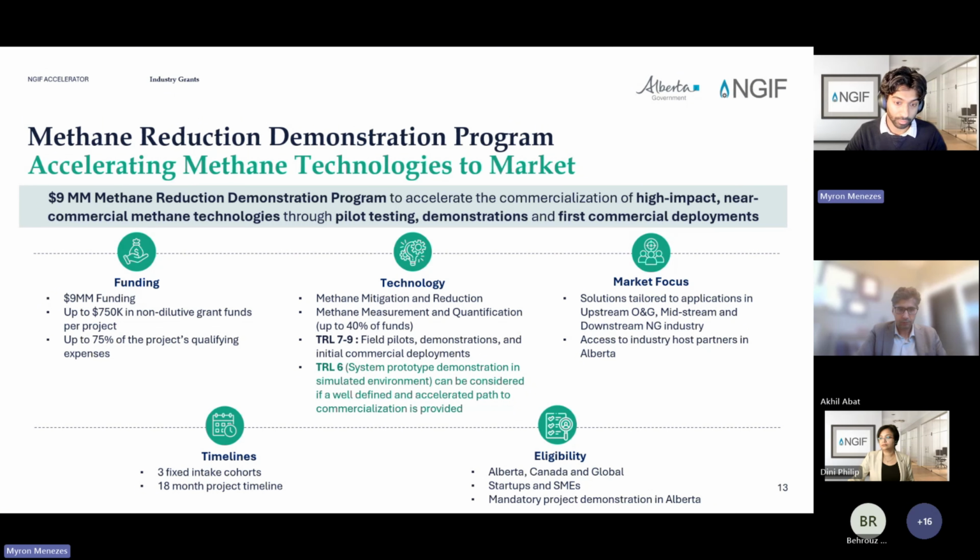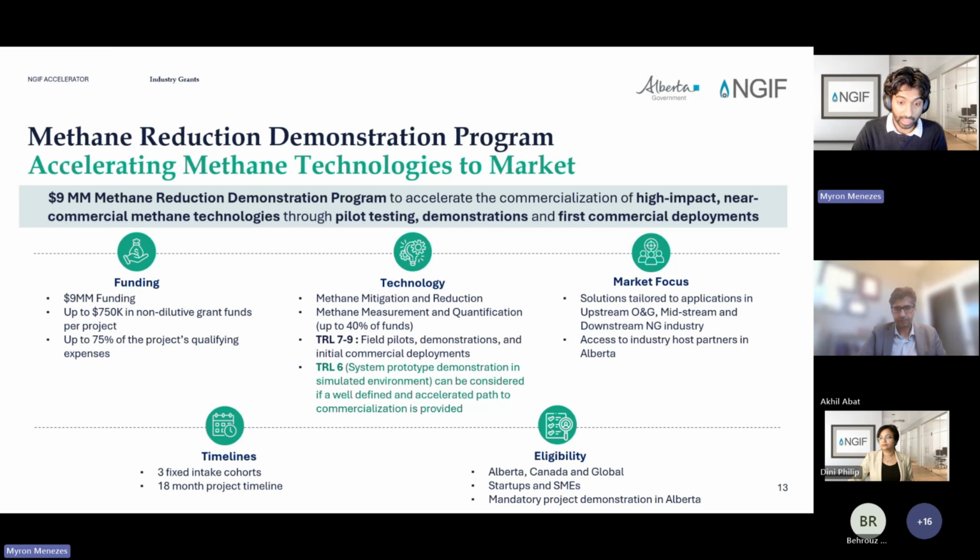This program is going to be focused on methane mitigation and reduction solutions, or methane measurement and quantification solutions that have the oil and gas industry as a target market. Particularly, we're looking for solutions and technologies tailored to applications in upstream oil and gas and midstream and downstream natural gas industry.